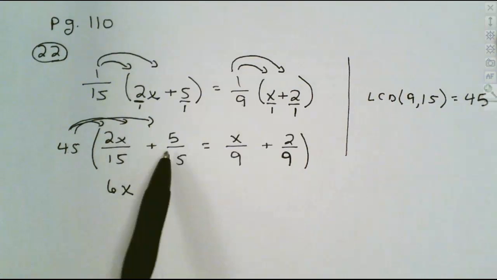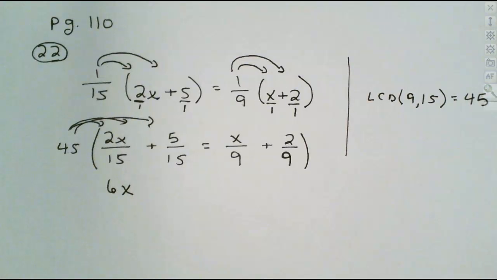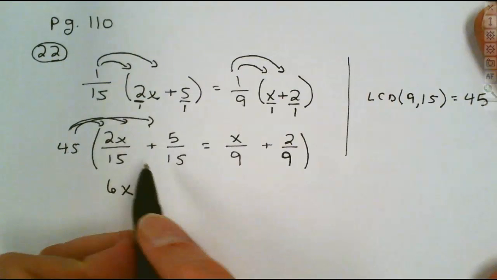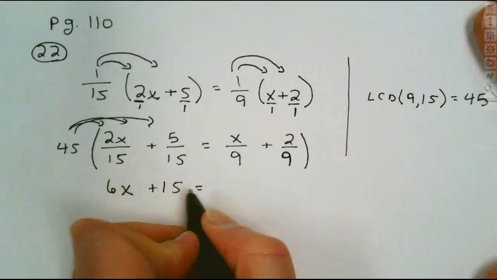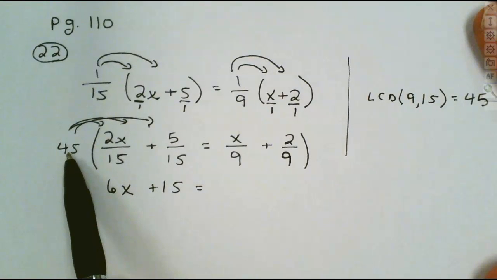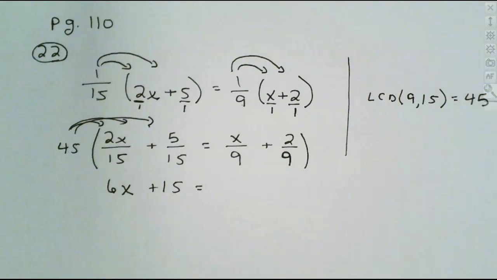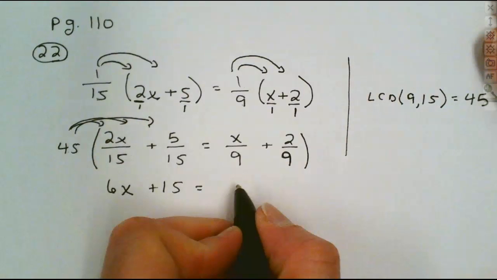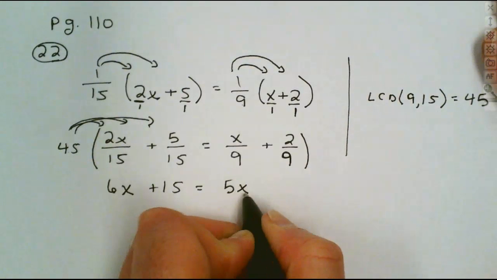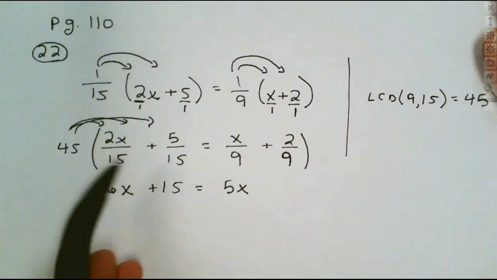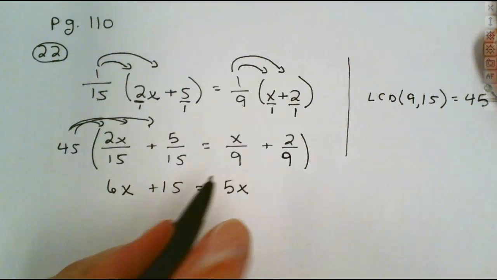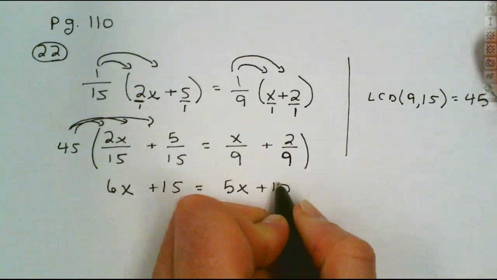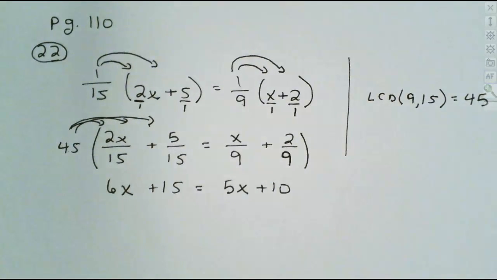So I didn't bother reducing. We just clear them out. So we've got 45 divided by 15. 45 divided by 15 is a 3. 3 times 5 makes it 15. Next, 45 divided by 9, that's a 5, times x, that makes it 5x. 45 divided by 9, that's a 5, times 2 makes it 10 there, doesn't it?